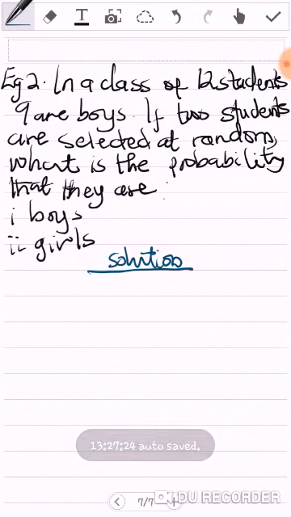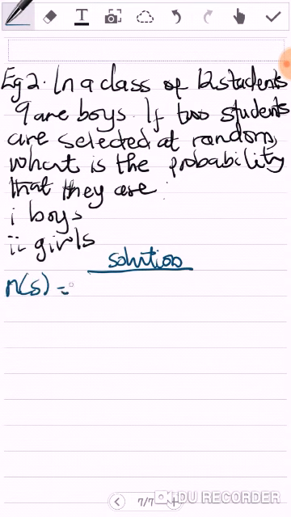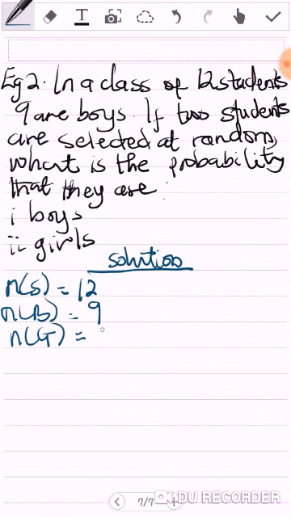From the question, we have our total sample space to be 12. Number of boys, 9. Number of girls will be 12 minus 9, which is equal to 3.